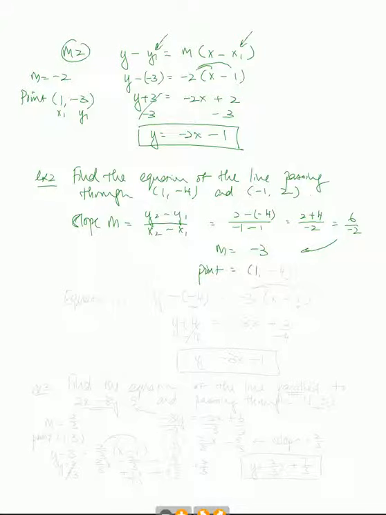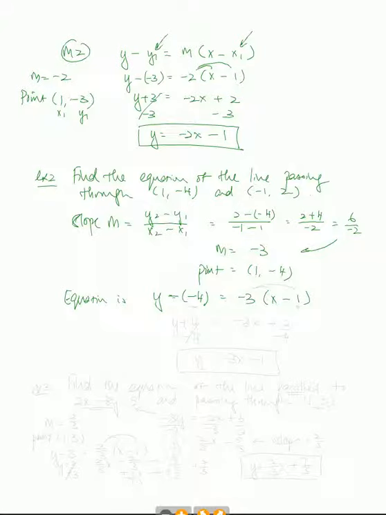Let's say I choose 1 comma negative 4. Okay, so I'm going to start the equation: y minus the y coordinate equals the slope times x minus the x coordinate.